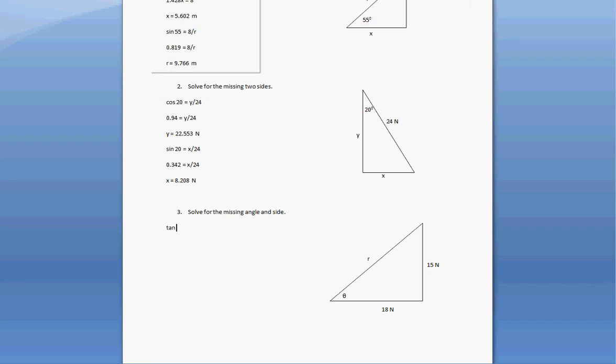So tangent of our angle is equal to the opposite side over the adjacent side. What we're going to do is we're going to take the inverse tangent of both sides.